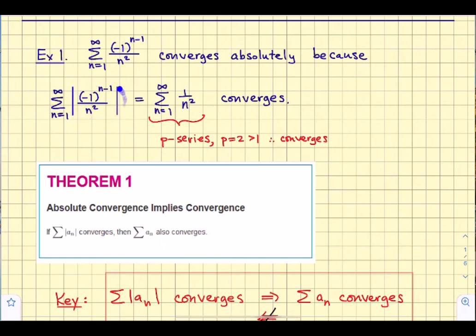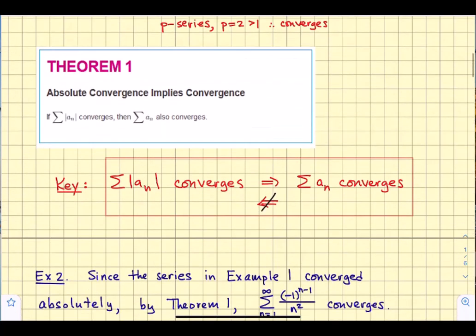What this does is eradicate the minus 1 to a power and turn it into a 1. This stays the same. And this new series is familiar to us. It's a p series with p equals 2, which is greater than 1. Therefore, it converges. We just showed that the sum of the absolute value of the a sub n converges. And so the original series is absolutely convergent, or we say it converges absolutely.